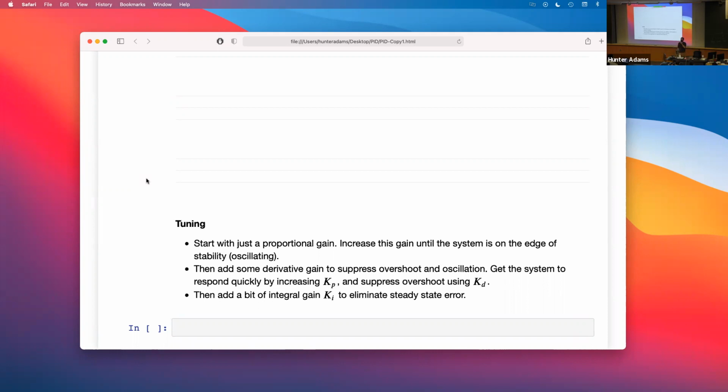The D part is comparing your measured error to the error that you measured 4 or 5 samples ago and scaling that. So that error comes in, calculate the P part, calculate the I part, calculate the D part, add them all up. The output of that is a duty cycle. And you send that duty cycle off to the motor that will change the motor's position, and then you'll interrupt again and do it all again. And it should move you towards your desired angle.